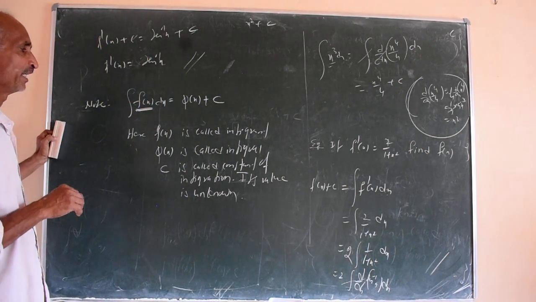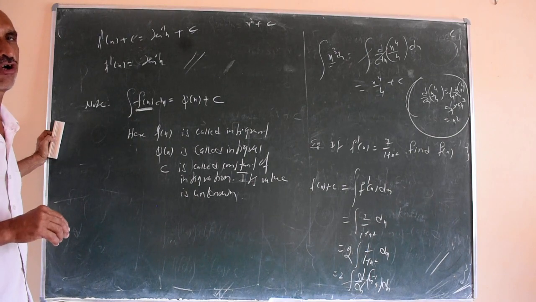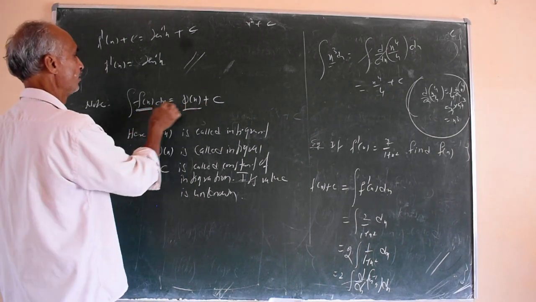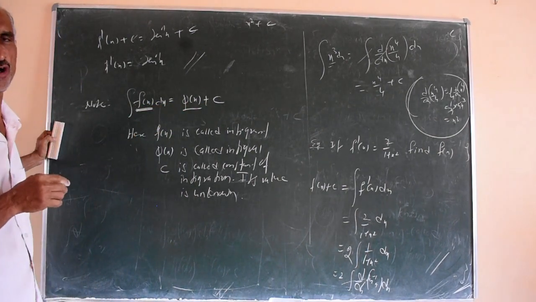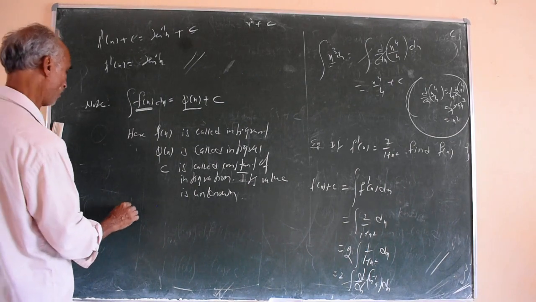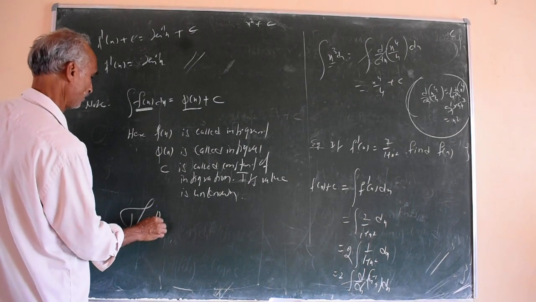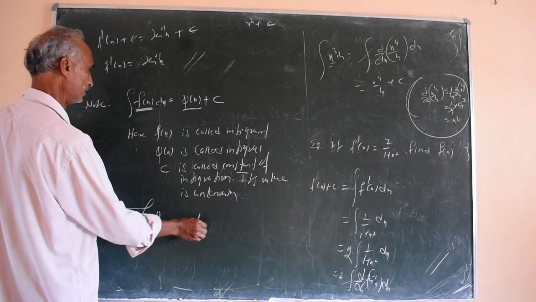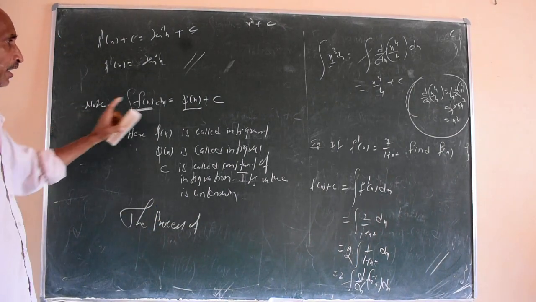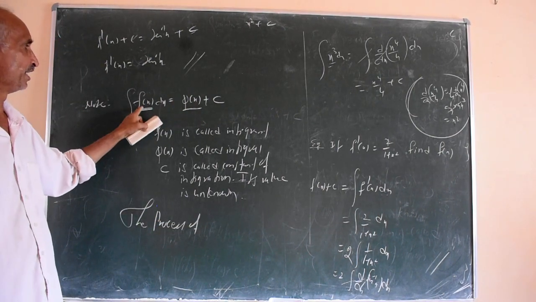The process of getting integrals for a given integrand is called integration. Getting pi of x from f of x is called integration. This is the integral, this is the integrand.